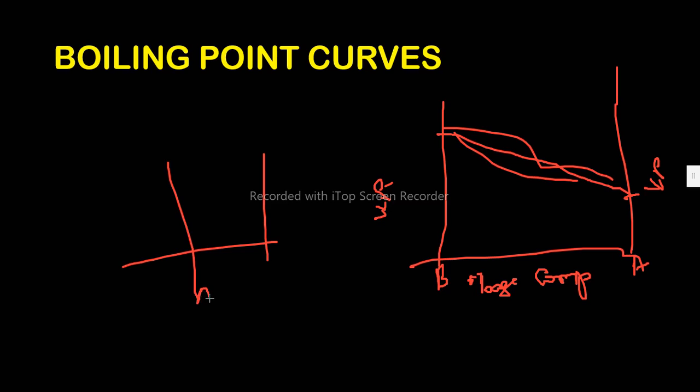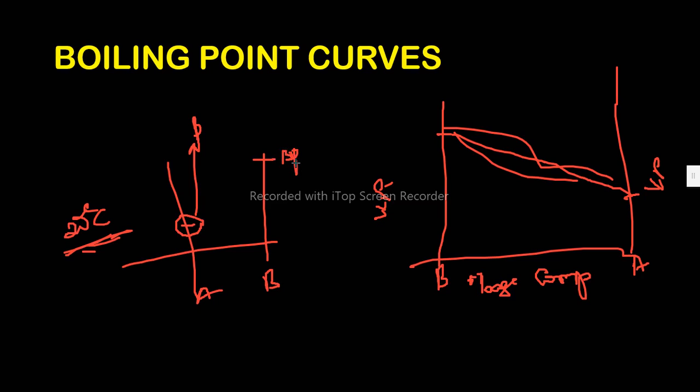If you have component A and component B, and at 20 degrees Celsius the vapor pressure of A maybe it's somewhere here, and the vapor pressure of B is somewhere here at 20 degrees Celsius. It means that component A will have a high boiling point, and component B will have a lower boiling point.